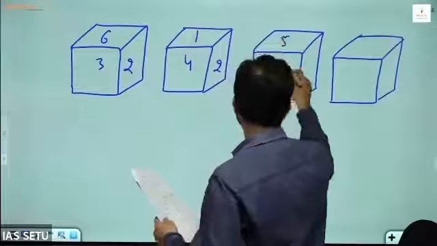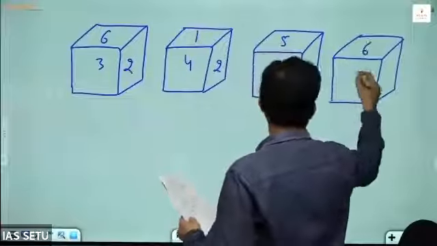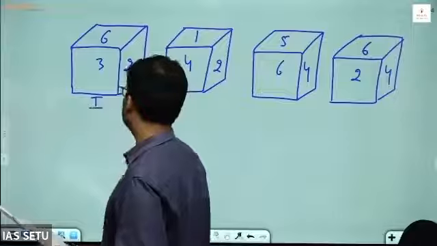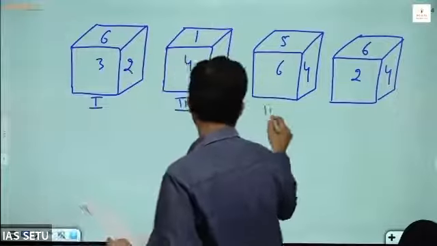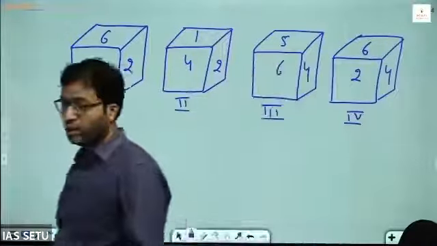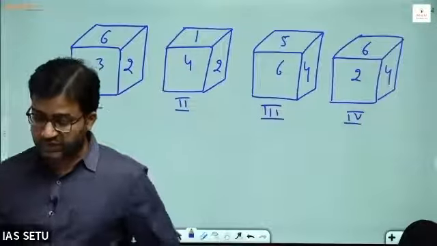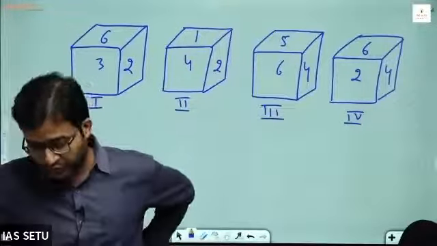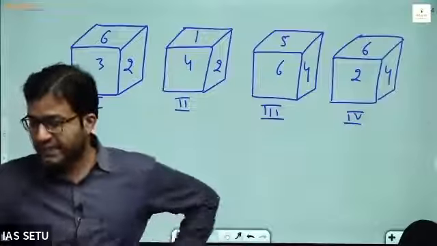This is 5, 6, 4, 6, 2, 4. This is the first, this is the second view, this is the third, and this one is the fourth. So it is given each of the 6 faces of a cube is numbered by one of the 6 digits from 1 to 6. Okay.